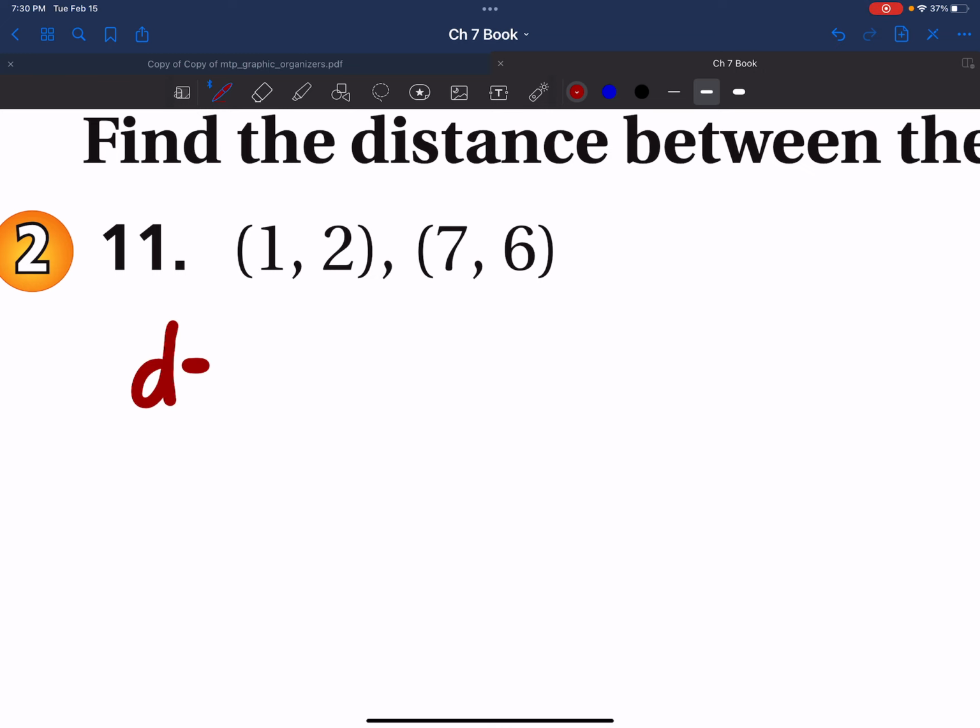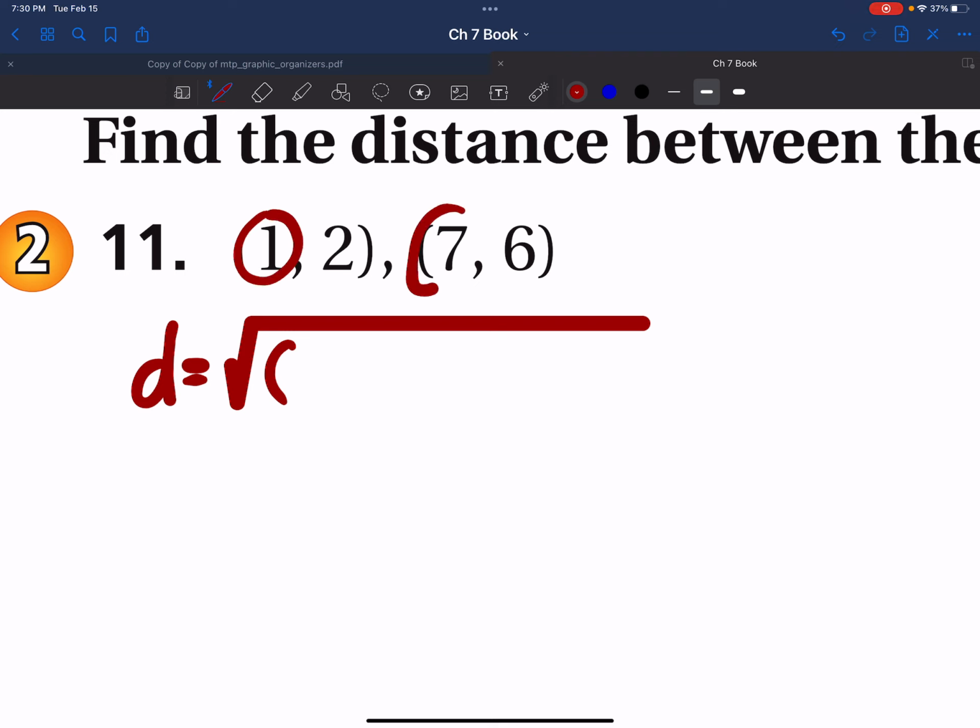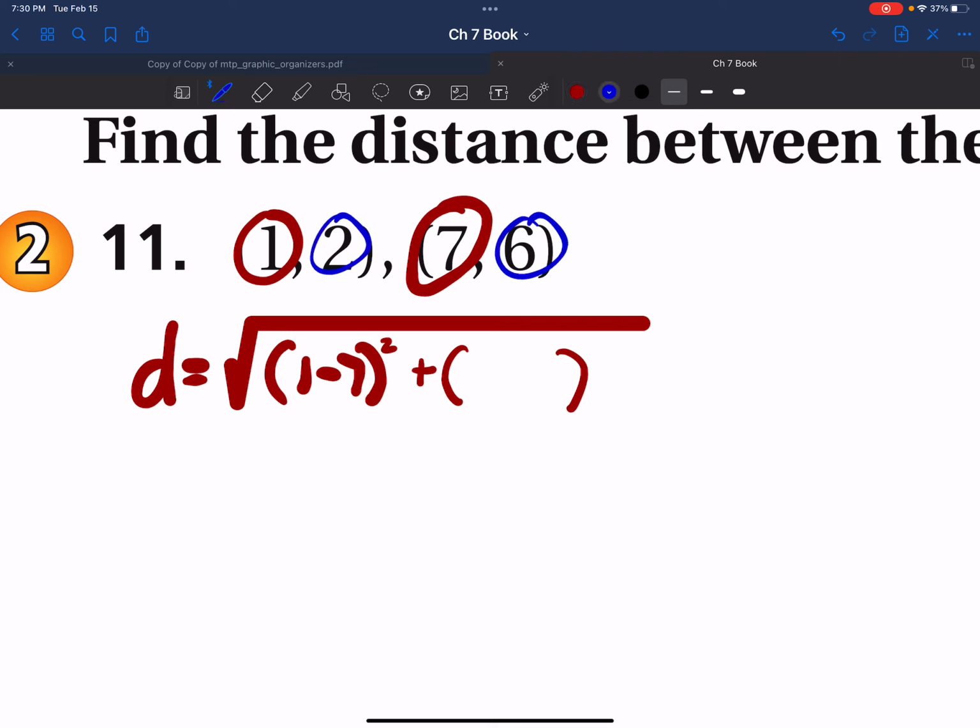Distance equals the square root, nice big long square root, of the change in x's. Where's my x's? Right there and right there. 1 minus 7. Change or difference means subtract, right? And then square it. Now the change in y's. Where's my y's? Right there and right there. So I'd say 2 minus 6 and then square it.